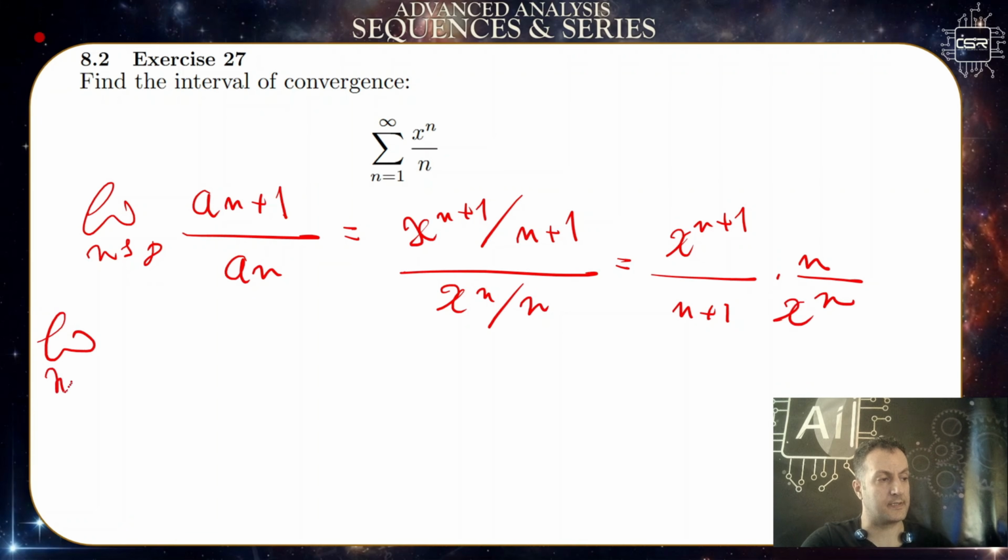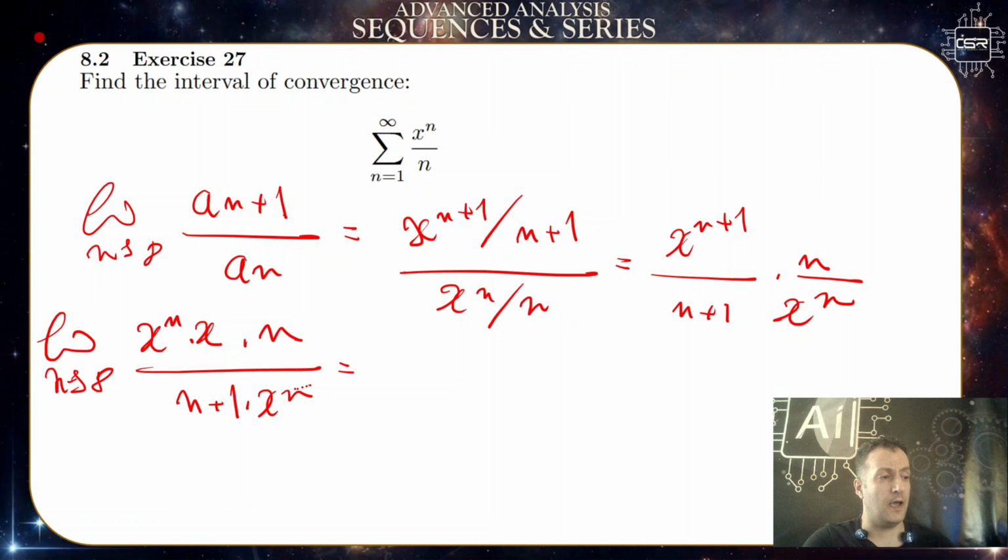So it is the limit as n approaches infinity of x^n times x times n divided by (n+1) times x^n. The x^n and x^n cancel out here, so it is equal to x multiplied by n divided by n+1.